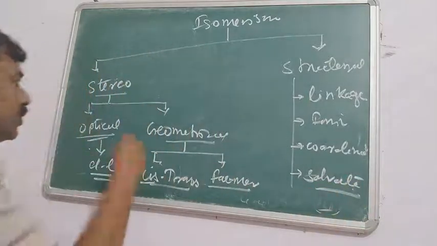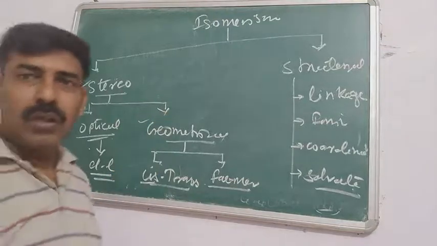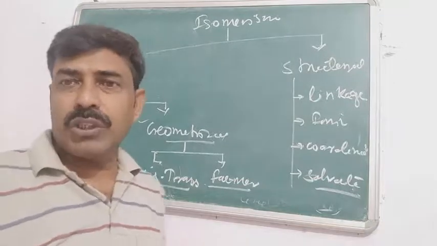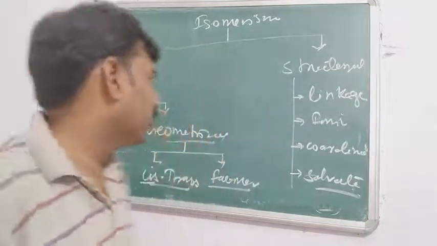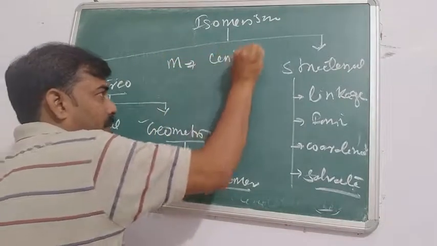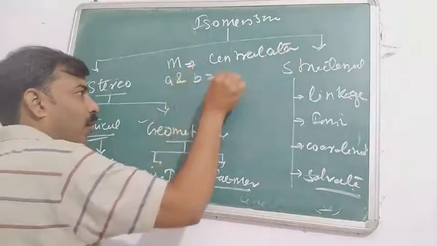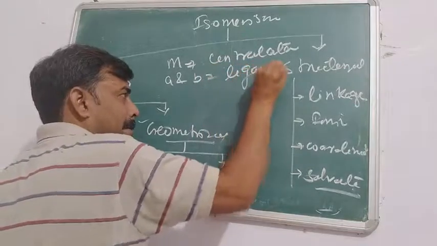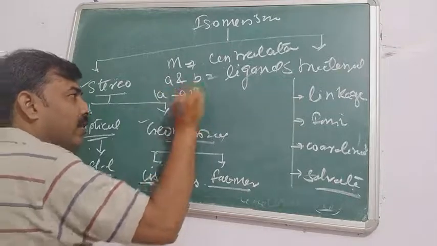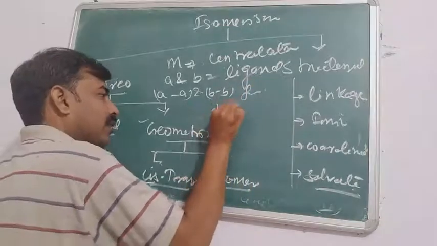So we are going to start with the stereoisomerism, and in that we are starting with the geometrical isomerism. Before starting, let us discuss what symbols we are going to use here. We will use M for the central atom, A and B for ligands, and A dash A and B dash B for didentate ligands.